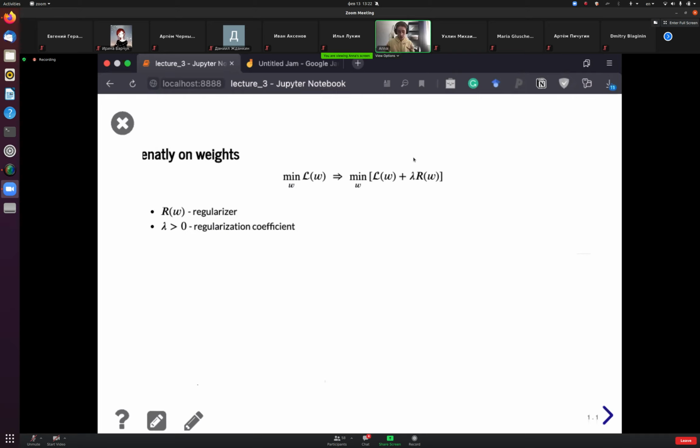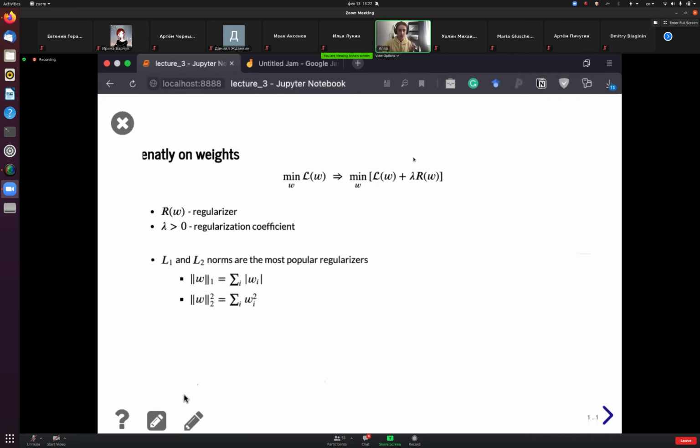The purpose of this regularizer is to penalize the model for large weights, because large weights correspond to functions which have high variability and look like very wiggly curves. That's more the intuition of what happens.